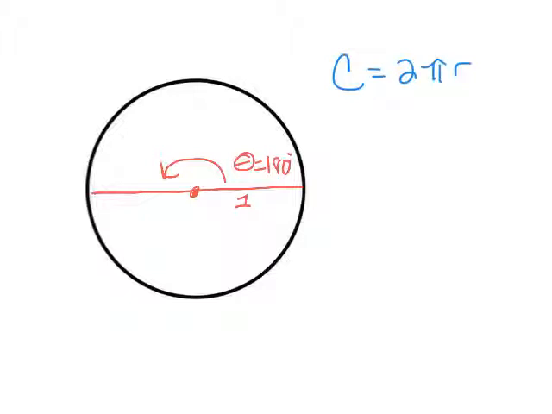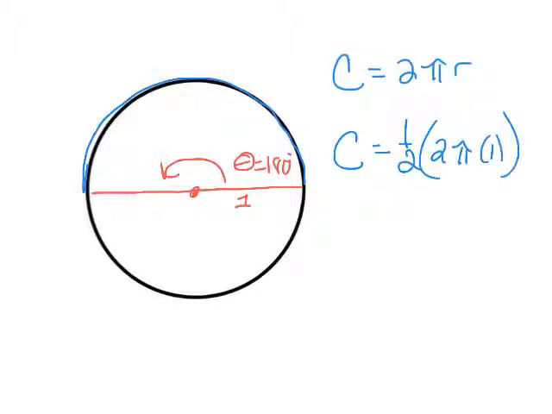If I were to actually calculate the distance around with a radius of 1 going halfway around the circle, the circumference is going to be 1/2 the entire distance around the circle times 2 times pi times that radius. So halfway around the circle in a unit circle, the 1/2 is going to reduce with the 2 pi, and the circumference is actually equal to pi.